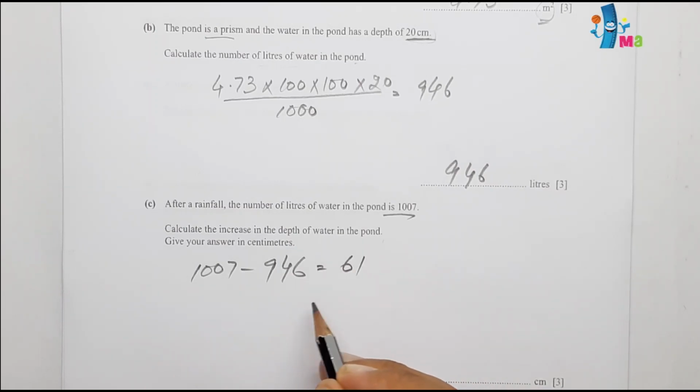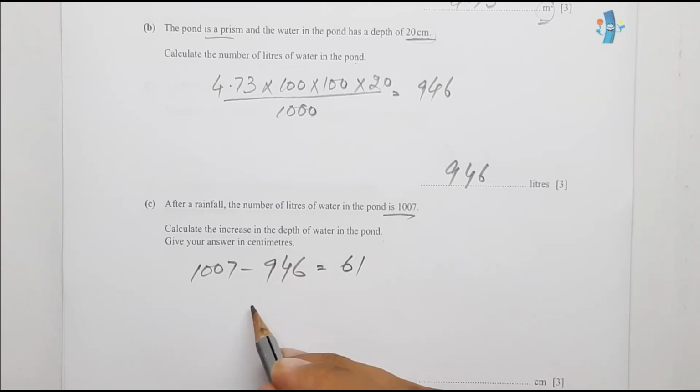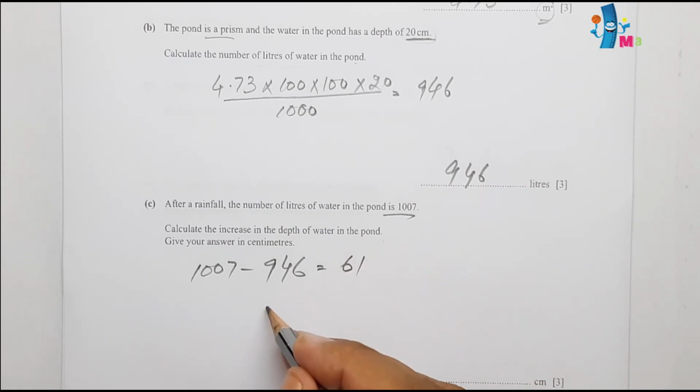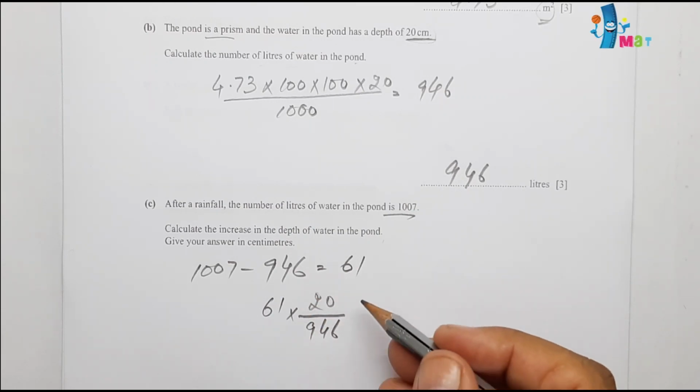So 61 liters of water is added by the rain, and the height for this 61 we can calculate. 61 multiply by 20 over 946, because 20 centimeters is the height for 946 liters.